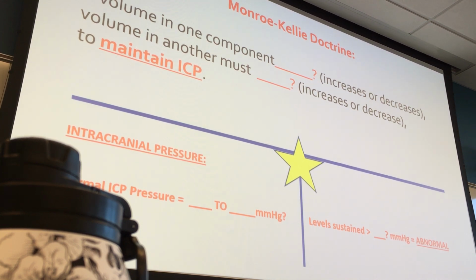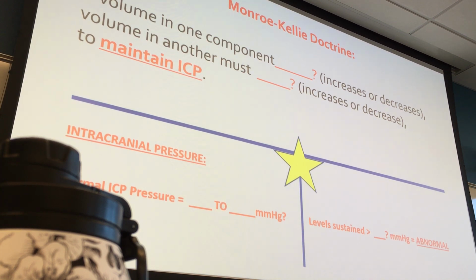If you have an increase in one compartment, the other side has to decrease to make room for it. So essentially, the Monro-Kellie doctrine says that if the volume in one component increases, the volume in another must decrease to maintain intracranial pressure. Very, very simple.